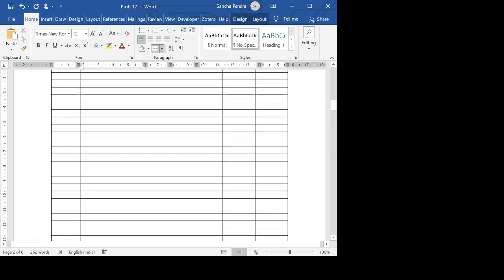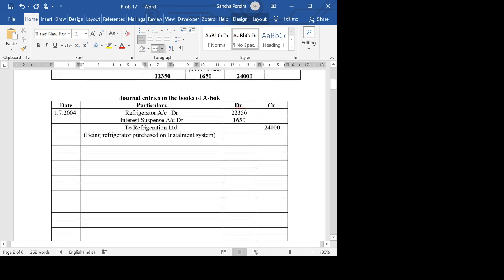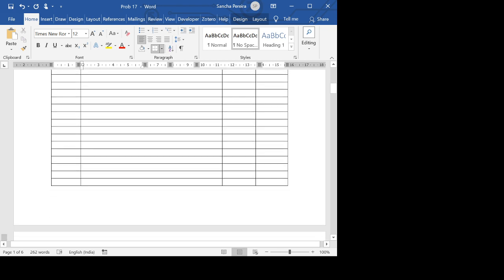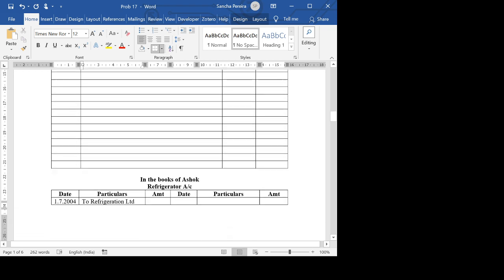Okay, let's look at the amounts. Since you're saying it's a refrigerator account, it's not going to be this amount, even though it's Refrigeration Limited, it's going to be your cash price. Please be careful. I hope you know to post these things. So it's refrigerator account debit to refrigeration, so it's going to be 22,350.